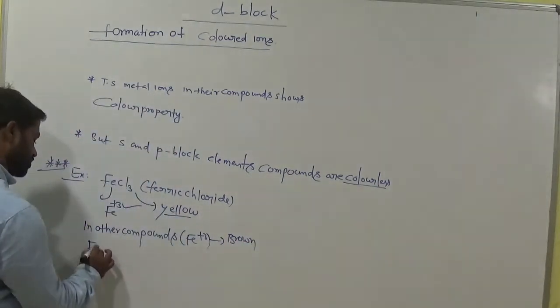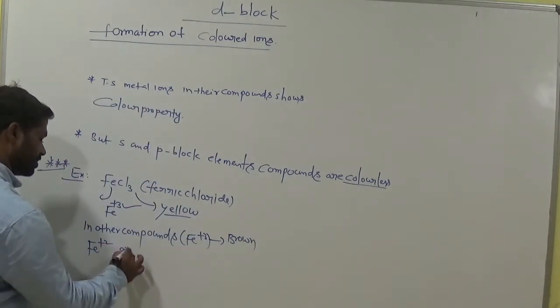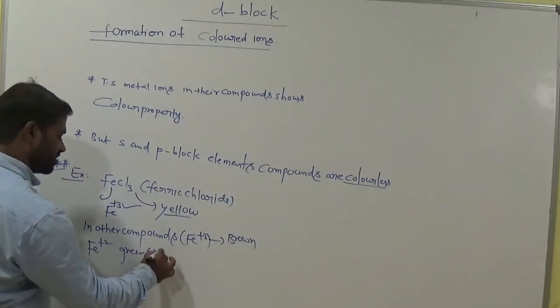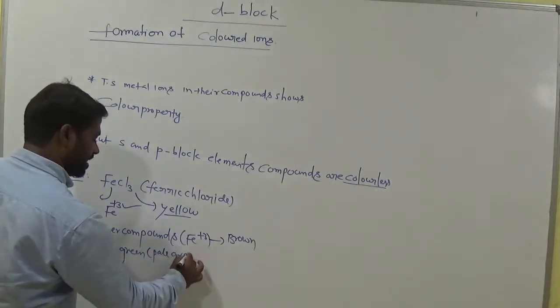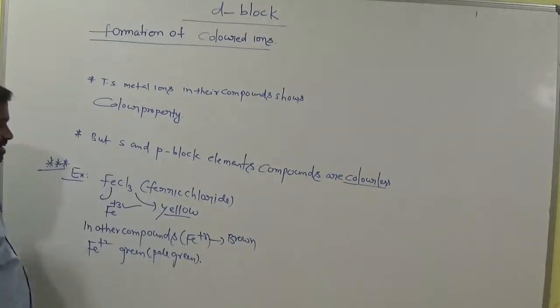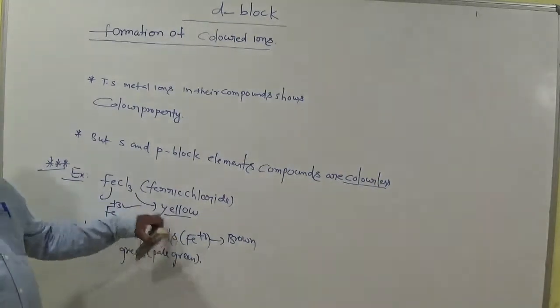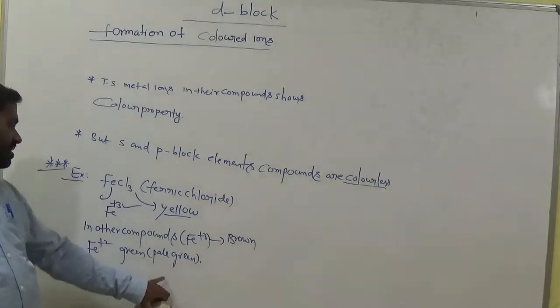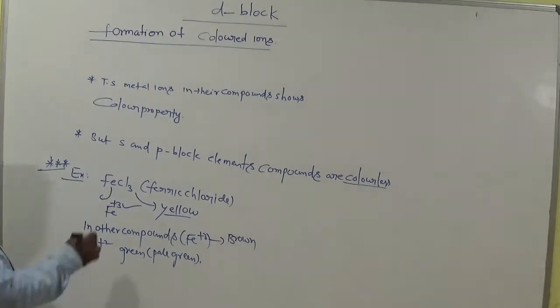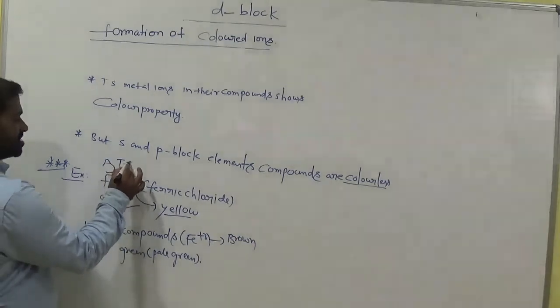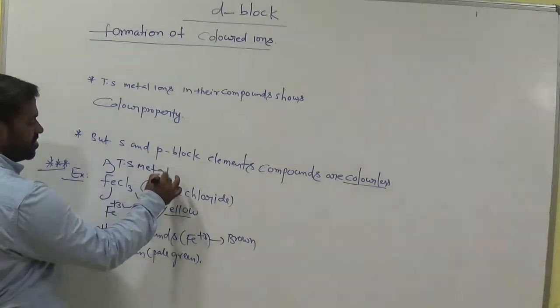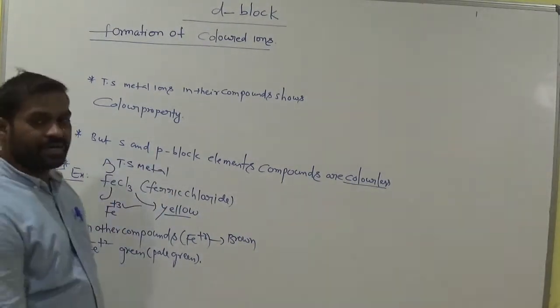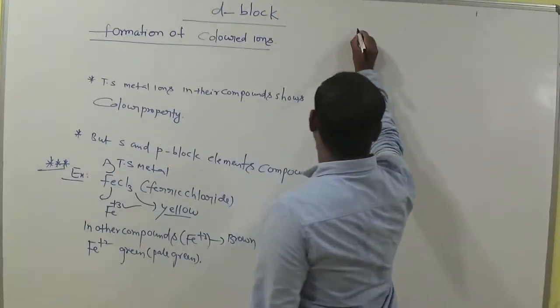Fe +2 is green or pale green. Only FeCl3 is yellow. Fe +3 in other compounds is brown. Fe +2 is pale green. This is why iron is called a transition metal. Why does it show the color property? So let us take Fe +3.